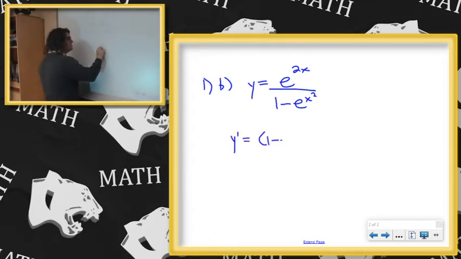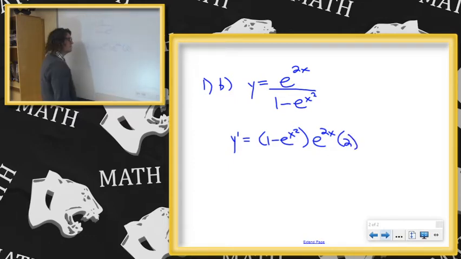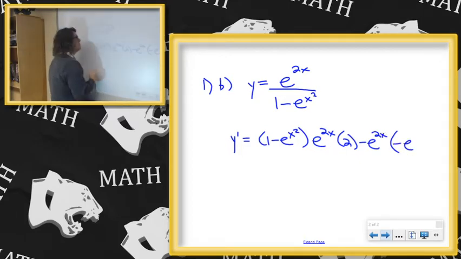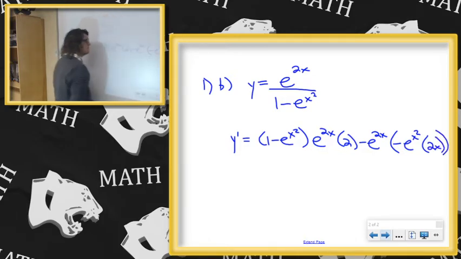So low, d high, there's a chain rule there, so times the derivative of the inside, minus high, d low, so derivative of 1 is 0, and then negative, and then derivative of e to the x squared is e to the x squared times the derivative of the inside, which kicks out an extra 2x there for the chain rule.